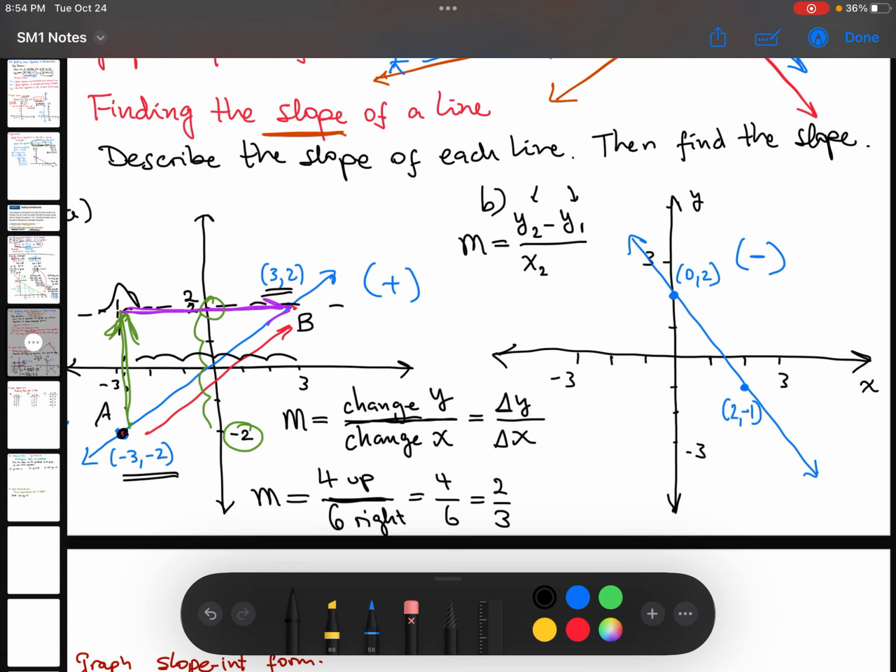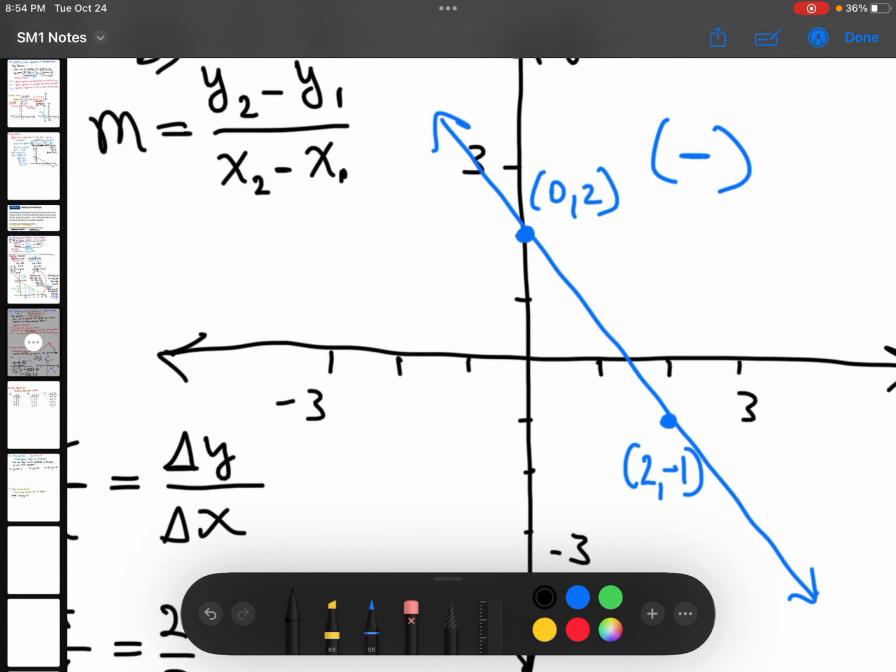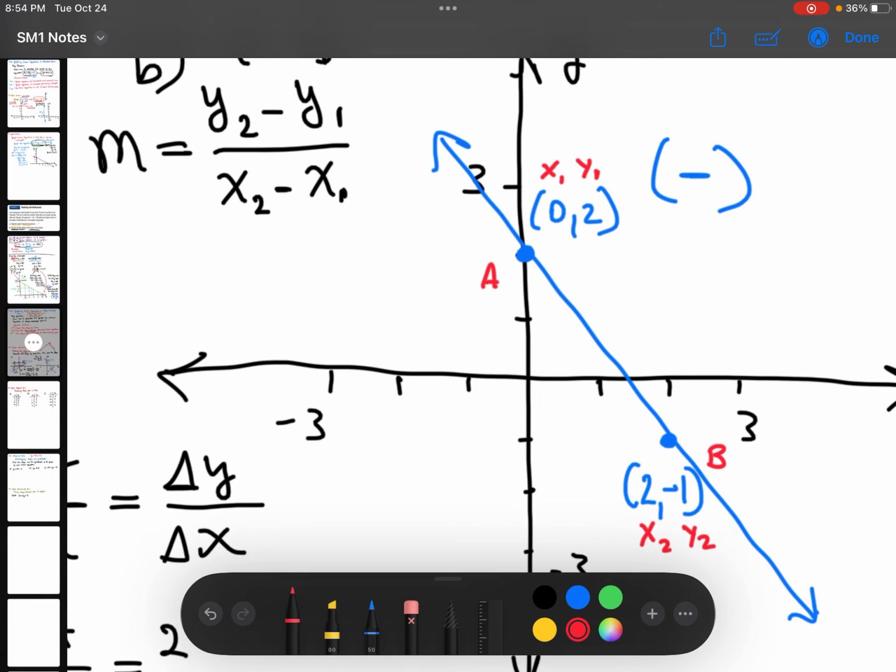The position at the end minus the position at the beginning. All right, and this is when we need to label. You can go from point A to point B. Can you see that I always go from left to right? You can say that this is x1, y1. This is x2, y2. You see? And I just have to substitute in the formula.